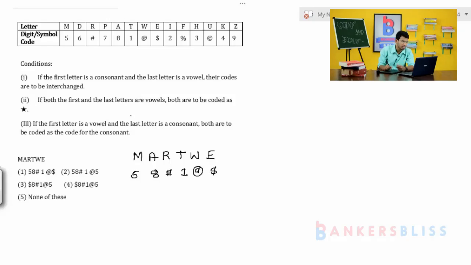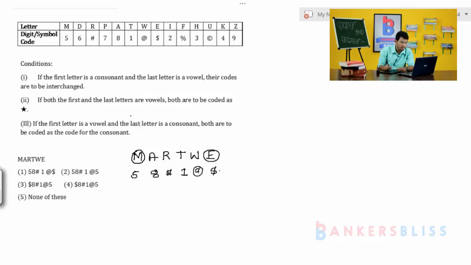Then look at the condition. If the first letter is a consonant and the last letter is a vowel, M is the first letter, which is a consonant, and E is the last letter, which is a vowel. So we have to follow the first condition. The condition states that if the first letter is a consonant and the last letter is a vowel, their codes are to be interchanged.